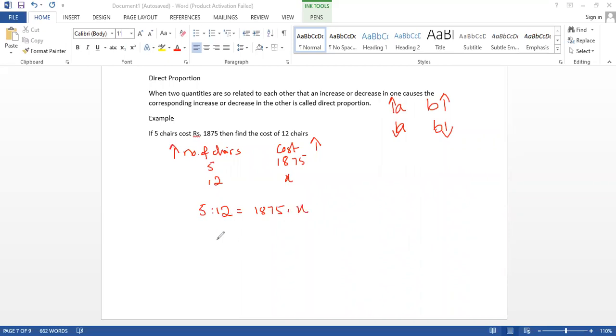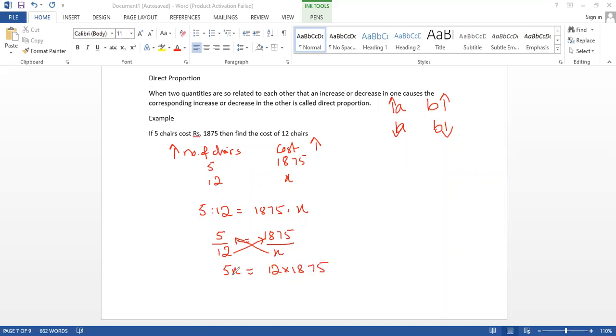We can write it in the form of fraction: 5 over 12 equals 1875 over X. We want to keep X on one side and everything else on the other side. First we'll cross multiply. So X will multiply over there, so we have 5X, and 12 will multiply over here, so 12 times 1875.